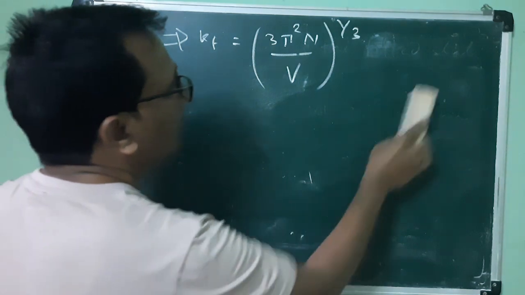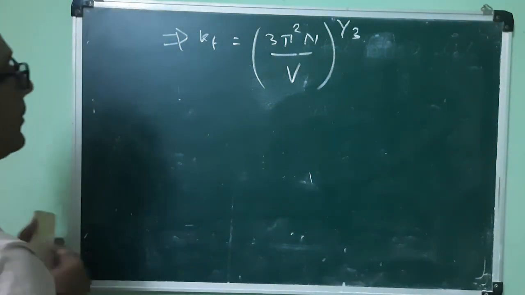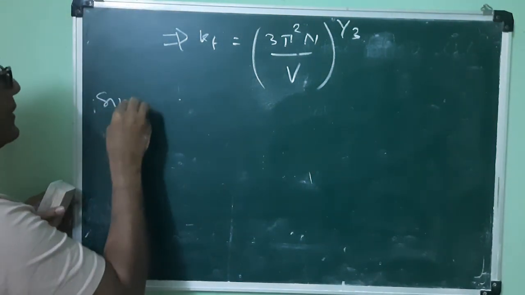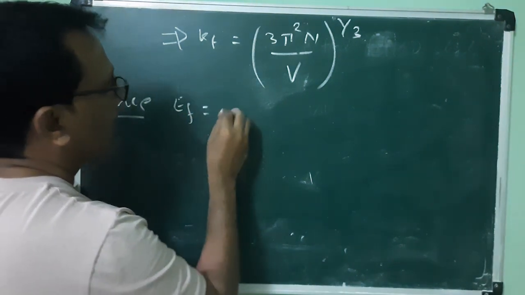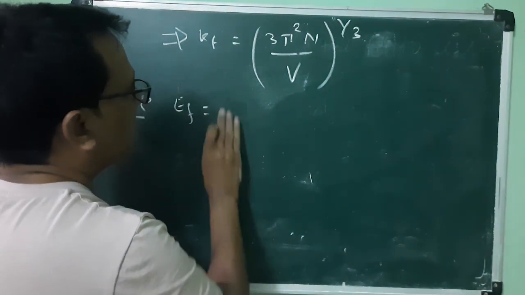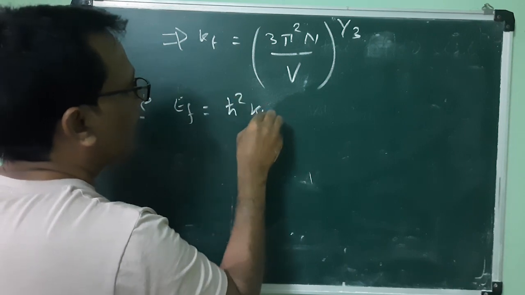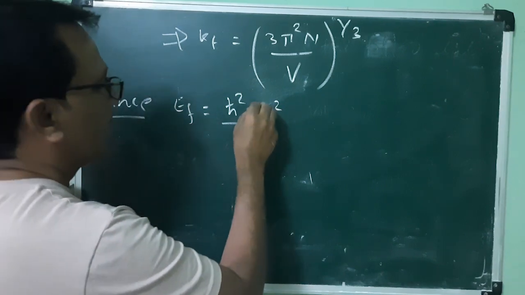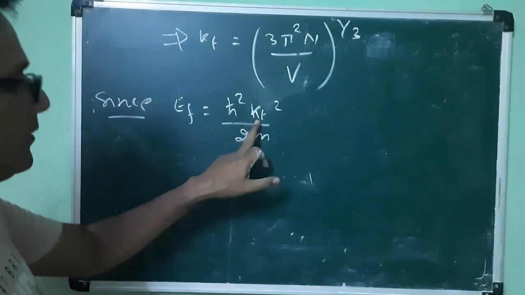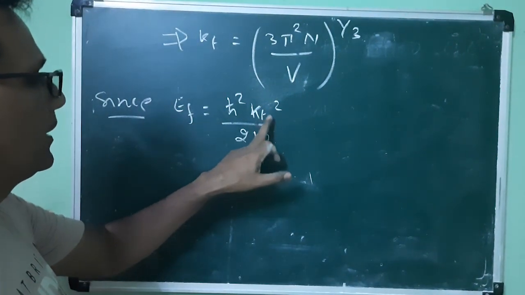And why are we calculating this kF? Because we want to calculate the energy EF. Since EF is equivalent to ħ square kF square by 2m, we put in this kF.